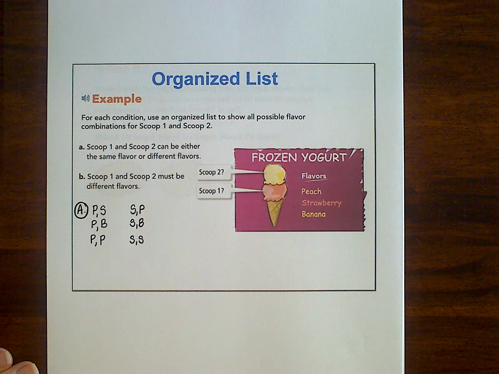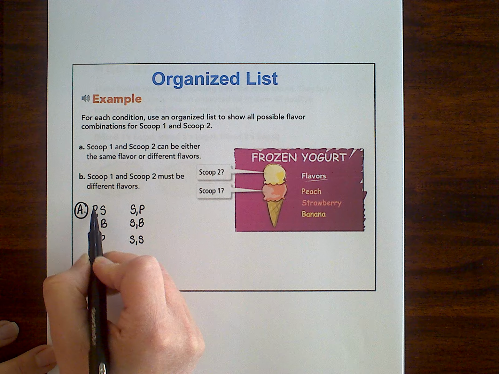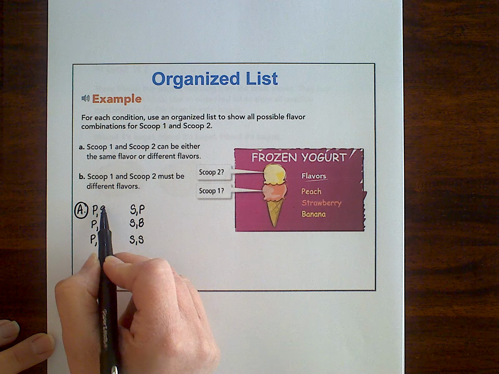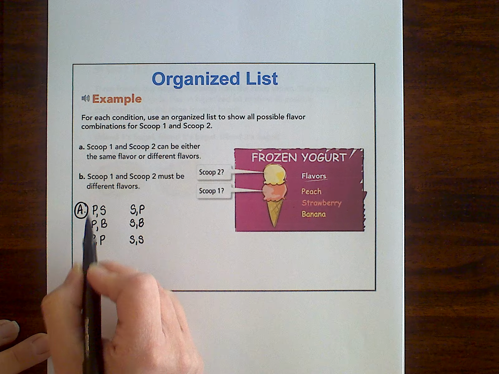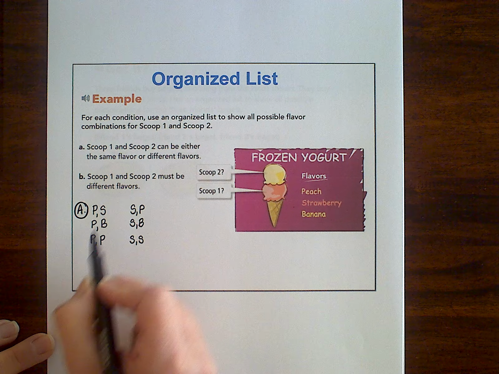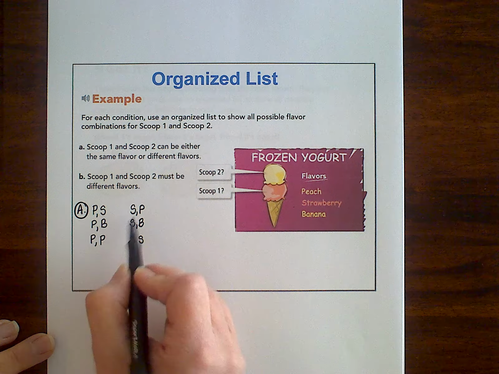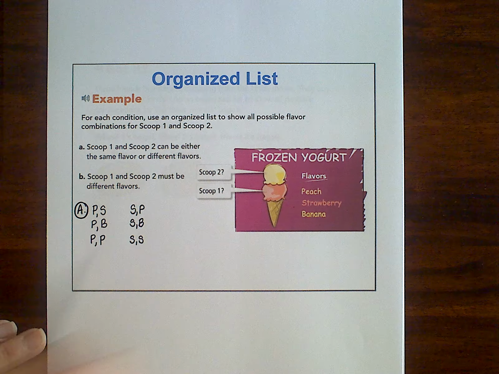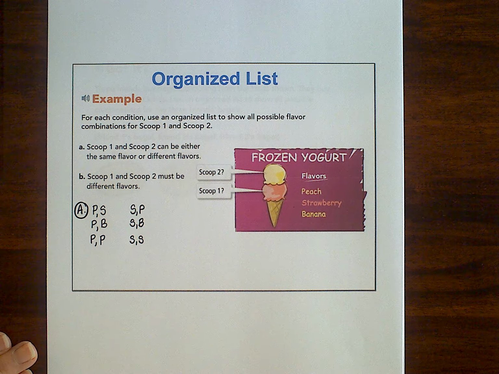They're not. Remember, this first letter is scoop number 1, and the second letter is scoop number 2. Scoop number 1 is touching the cone, scoop number 2 is not. So peach strawberry and strawberry peach are not considered the same.